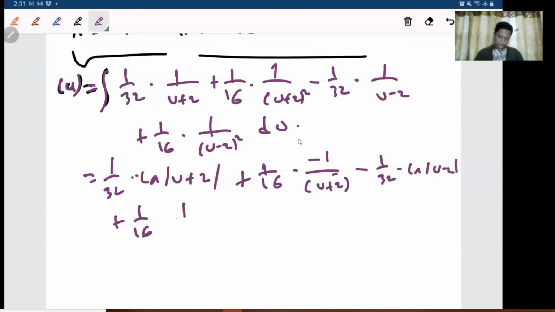So I have 1 over u minus 2, because the derivative of u minus 2 is 1, right? And if we multiply by this one, is it correct? We have minus 2 plus 1 is minus 1, right? Am I wrong? Should be minus, is it?